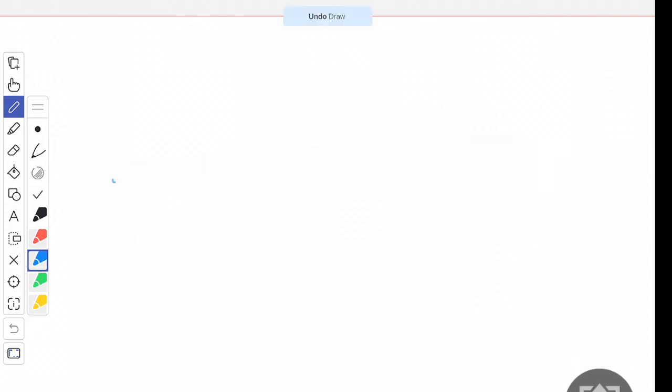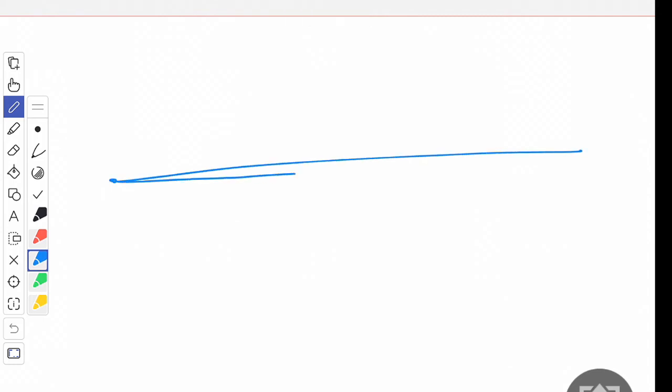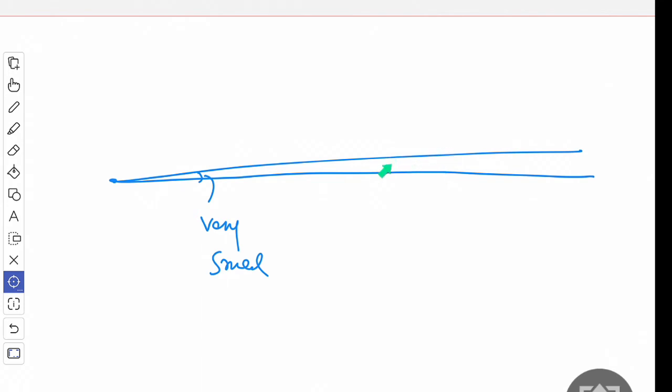If there are two rays and the angle between them is very, very small, we can see that these two rays appear almost parallel. So when the object is at infinity, extremely far, this angle will become 0 and the rays will become parallel.